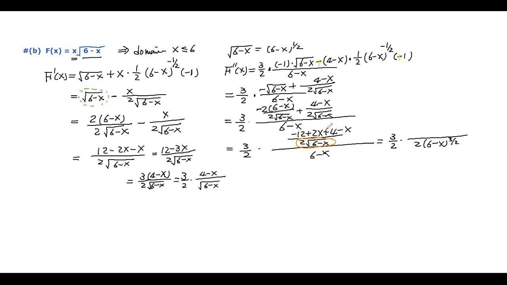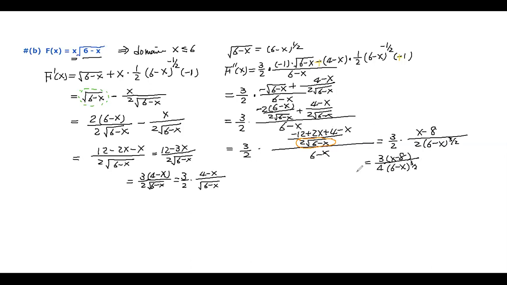Okay, so now the top here is -12 plus 4 and 2x minus x, so it will be x minus 8. Wow, it's not bad. We simplify to pretty decent numbers, right? So here, this is 3/4, and this is 6 minus x to the 3/2, and this is x minus 8.